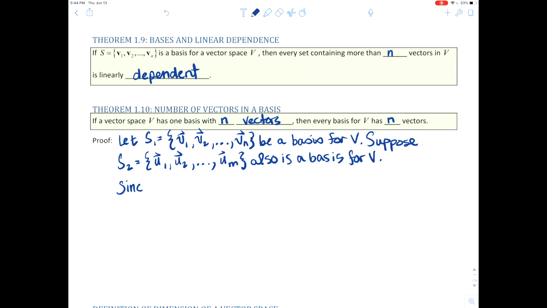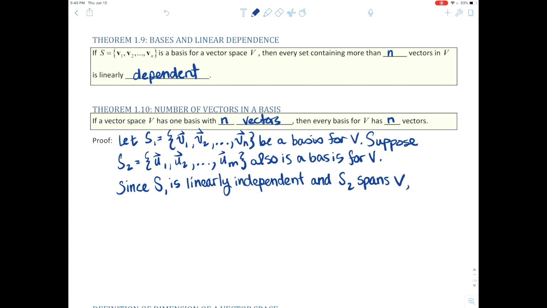Since S1 is linearly independent, and we know that why? Because S1 is a basis, right? Okay. And S2 spans V, and again, that we know because S2 is a basis, all right?